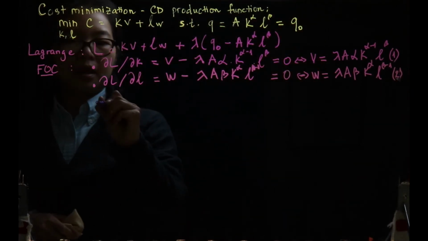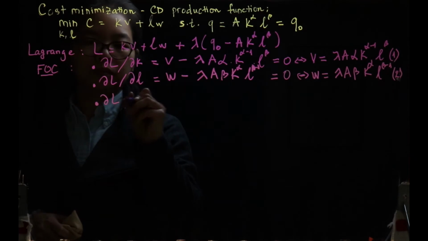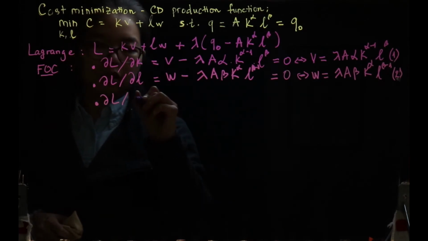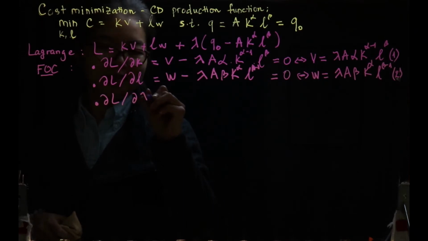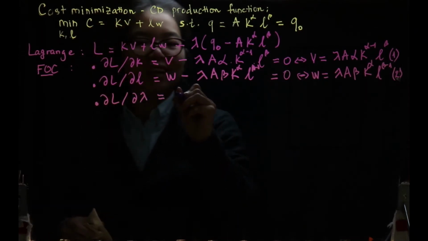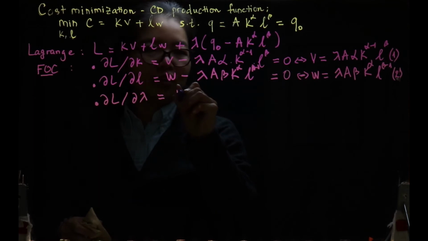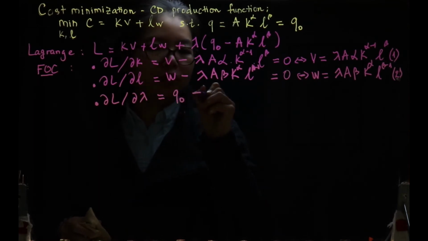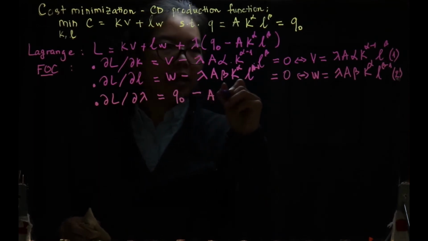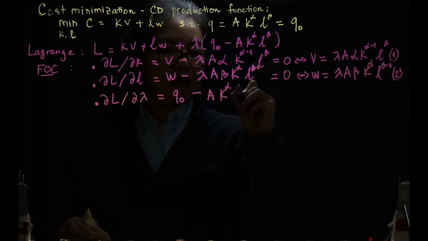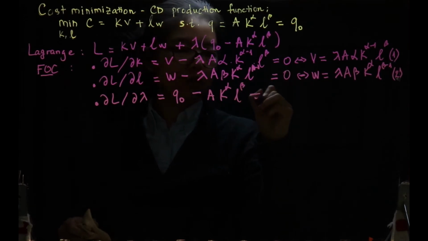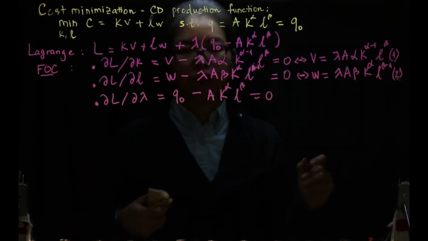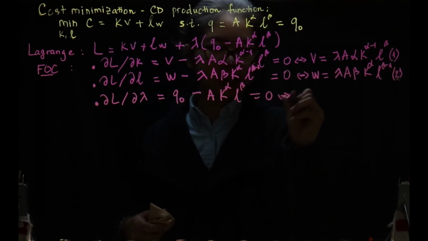And the last first order condition is with respect to lambda, of course. That is the constraint, right? Q0 minus A times K alpha times L beta equals 0. I will also rearrange it already.